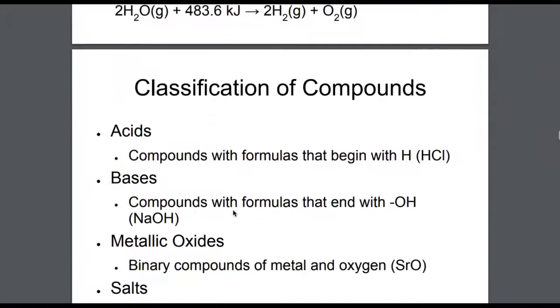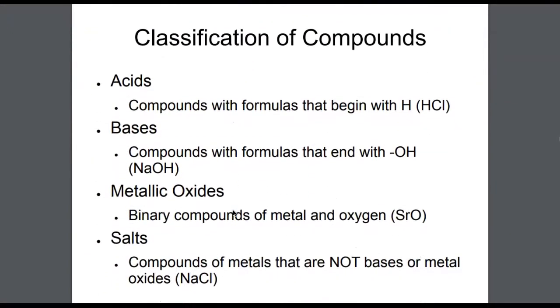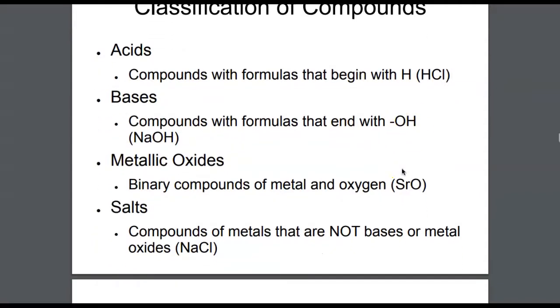Now just a reminder about Chapter 7 for classifying different compounds. Acids, they usually begin with a hydrogen, not always. Bases usually end with OH or hydroxide, not always though. Ammonia, NH3, that's a base that doesn't fit that rule, but usually for our class they're going to end in OH.